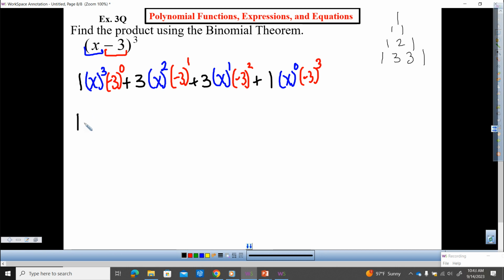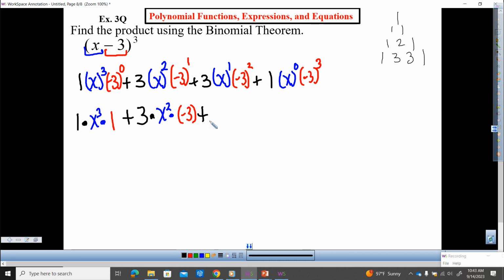So we do 1 times. What is x to the third? Well, x to the third times. What is negative 3 to the 0 power? That's 1. Bring down the plus. What is 3 to the invisible 1 power? That's 3 times x to the second. Negative 3 to the first power is negative 3.